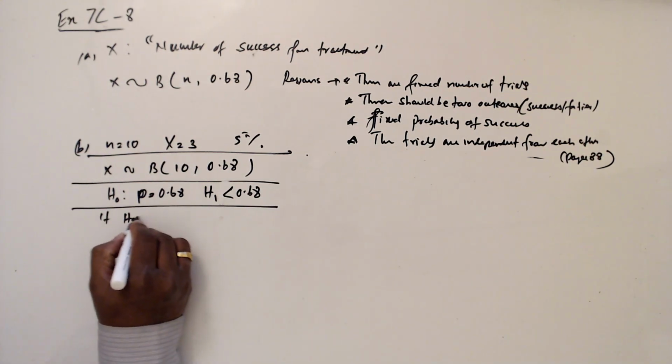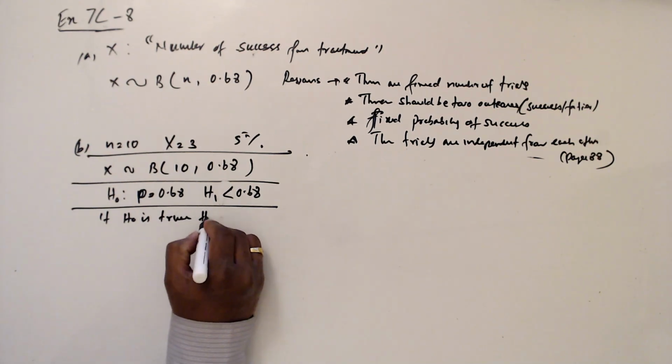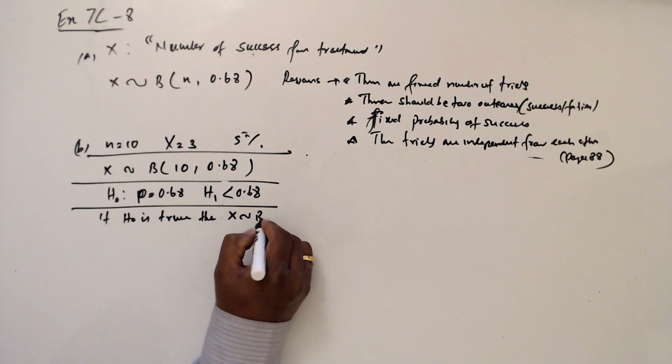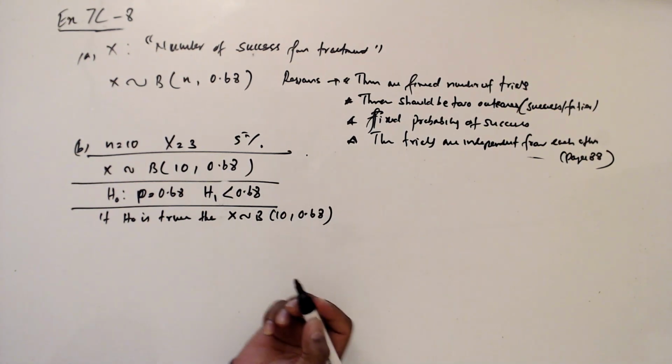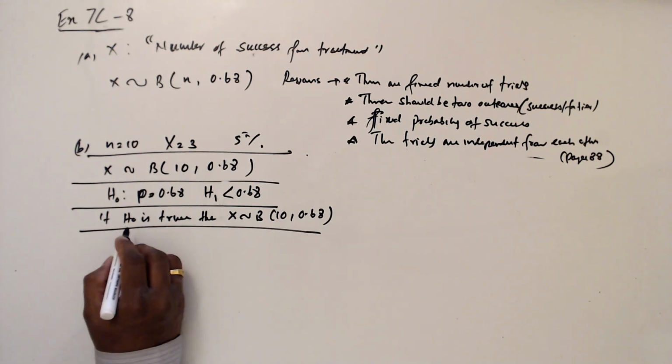If H naught is true, then X should follow binomial 10, 0.68. And now the calculation.